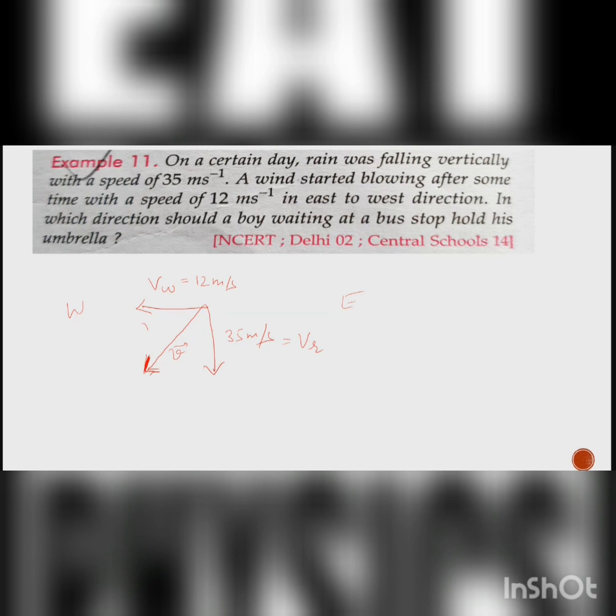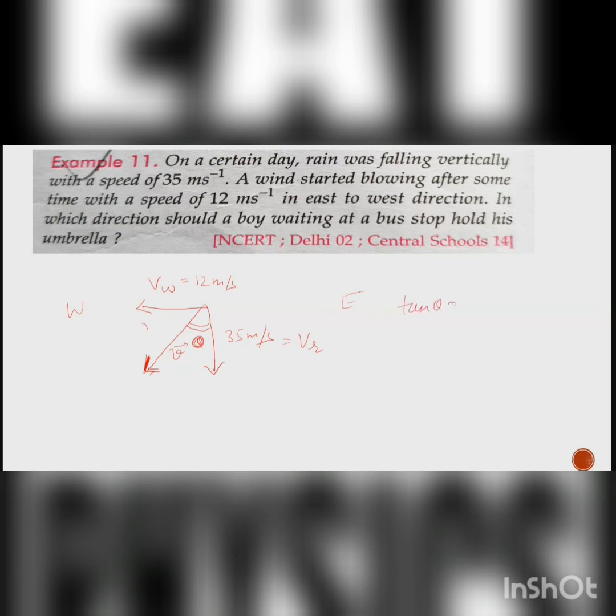So we have to find out in which direction should a boy waiting at a bus stop hold his umbrella. So we don't need to find out the vector V. We want to find out this angle theta, कि किस angle पे वो अपना umbrella पकड़ेगा. ठीक है? So now this is pure mathematics. You can see what would be the value of theta.